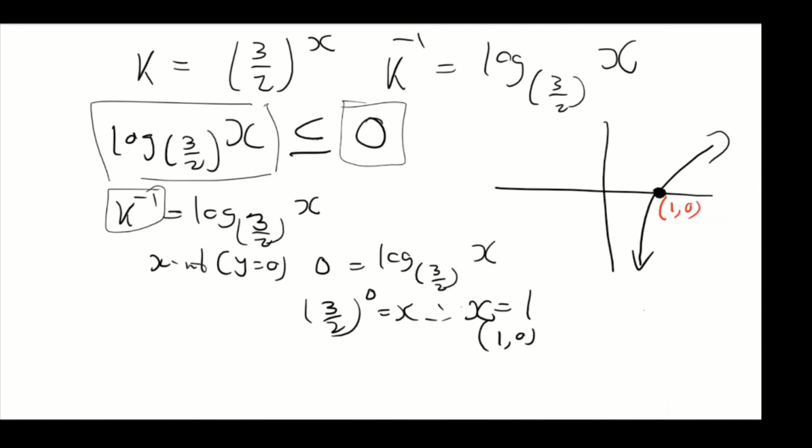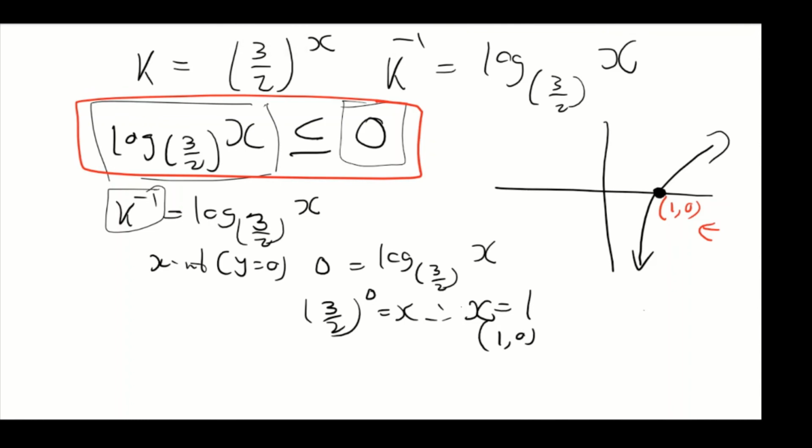So to go back to answering this question, what are the values of x when the function is less than or equal to 0? This is the point where the function is less than or equal to 0. It's this part here, so I'm just going to shade it.